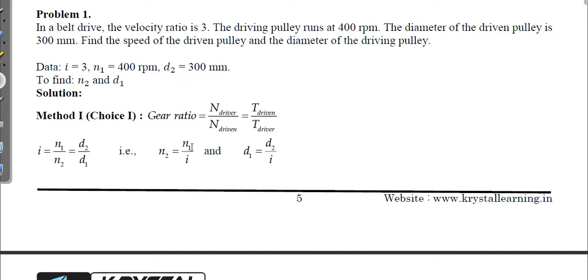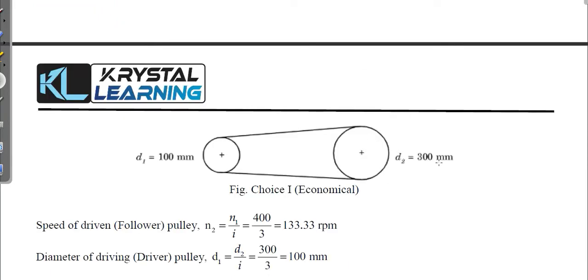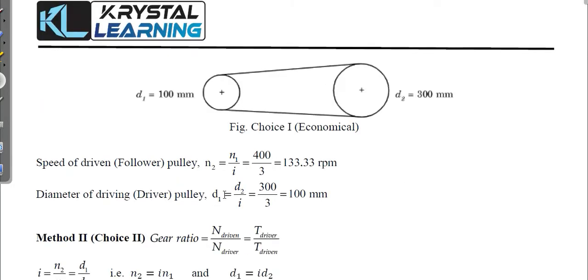N2 is N1 upon I, and D1 is D2 upon I. D2 was given as 300 mm, so D1, the driver pulley, is 100 mm. So we get diameters of 300 mm and 100 mm for the given velocity ratio.